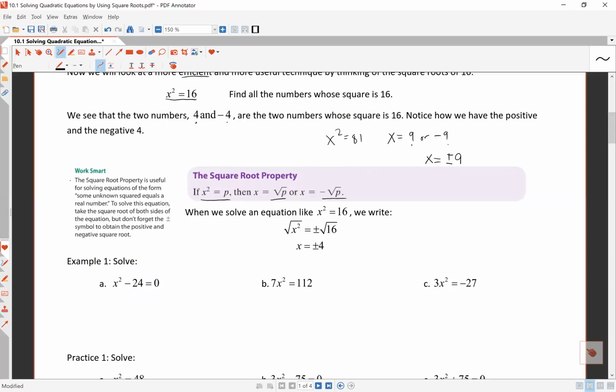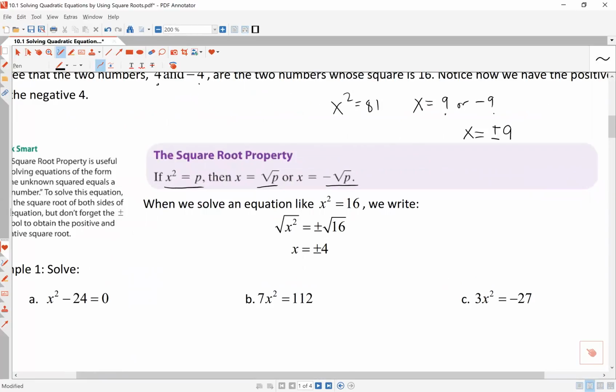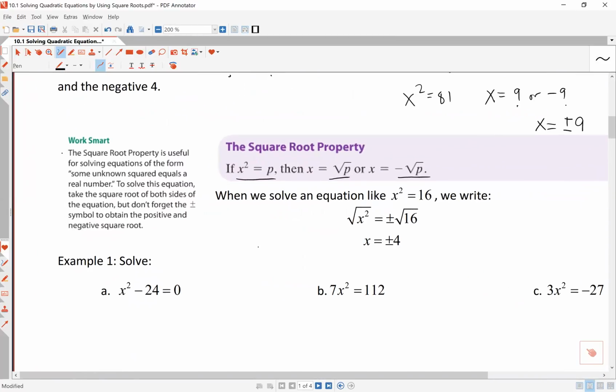The square root property is useful for solving equations of the form some unknown squared equals a real number. To solve this equation, take the square root of both sides, but don't forget the plus or minus to obtain the positive and the negative square root.